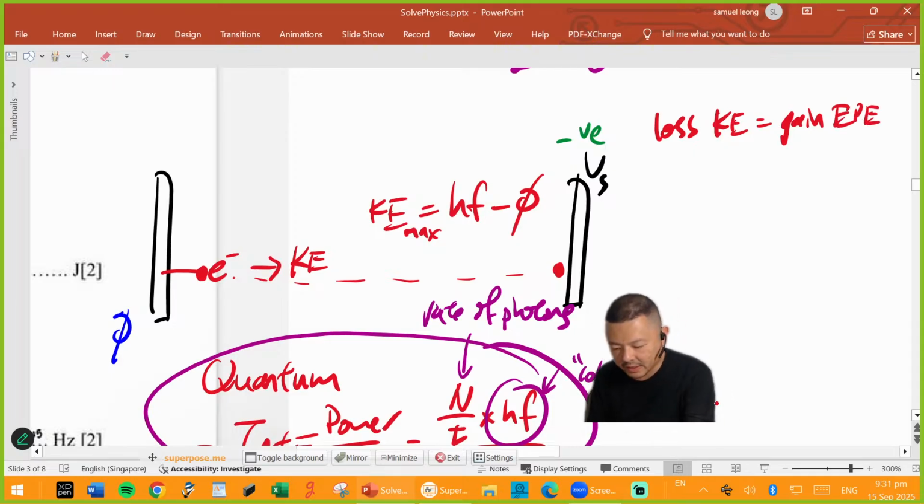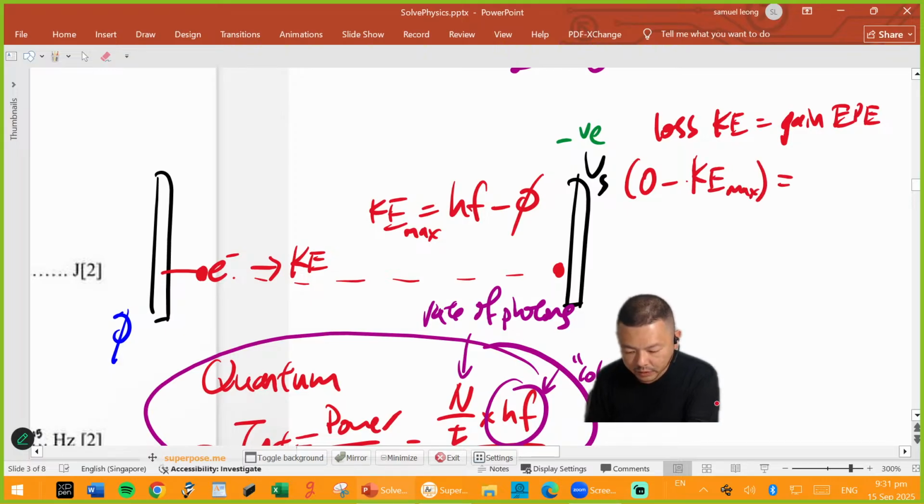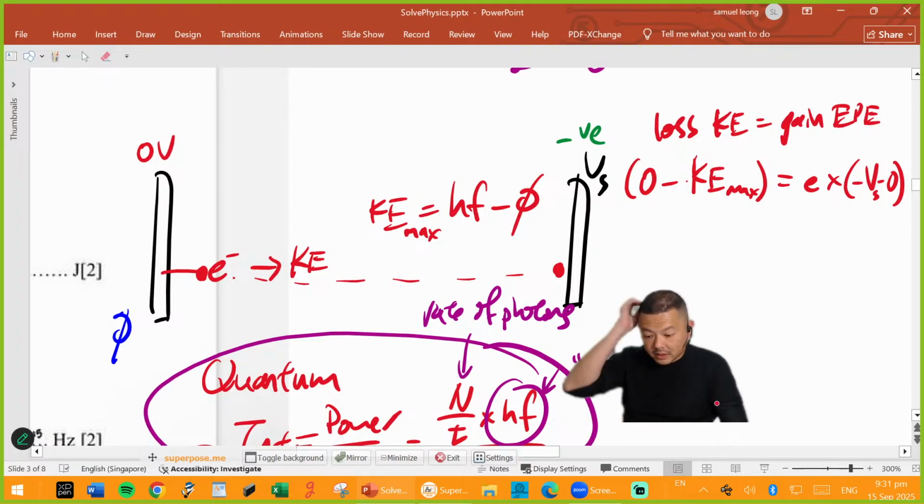and the loss of KE will be final minus initial, 0 minus KE max, equals the gain in EPE. So let's say we consider 0 volts and that's negative volts. So it will be the electron charge times the change in potential, negative Vs minus 0. That's our equation, correct?